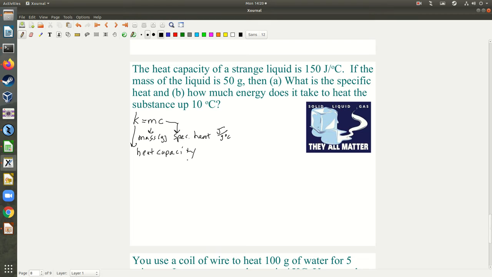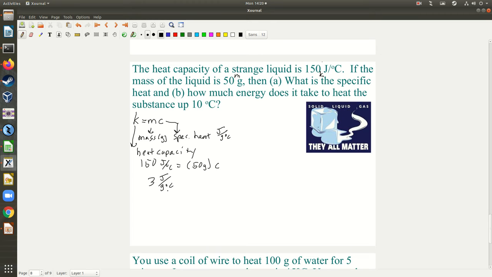Well, we want to know the specific heat of whatever it is. I know that K, the heat capacity, is 150, and then I know my mass is 50, so I could just plug it up here. 150 joules per degree Celsius is equal to 50 grams times C. We divide the 50 into 150, and notice that you're going to get 3 joules per gram degrees Celsius.